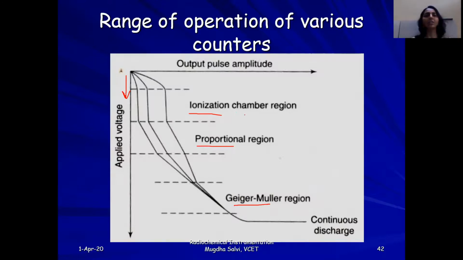According to these regions, the counters are classified. The first one is the ionization chamber detector, the second one is the proportional counter, and the third one is the GM counter. So according to their operating voltages, you will observe that there are different operating regions for any ionization type of detectors.